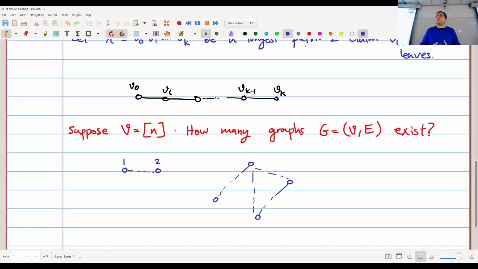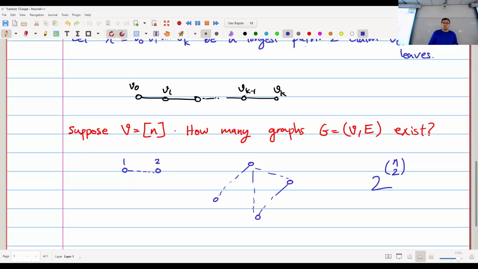And for every pair of vertices, I can decide whether I want to put an edge there or not. So how many pairs of vertices do I have? N choose 2. So I'm going to make n choose 2 decisions. And for each decision, I have two possibilities. I can either put the edge or not put the edge. So the total number of graphs is 2 to the power of n choose 2.